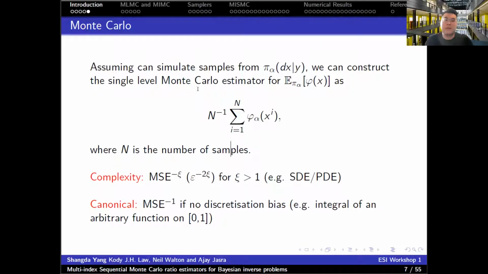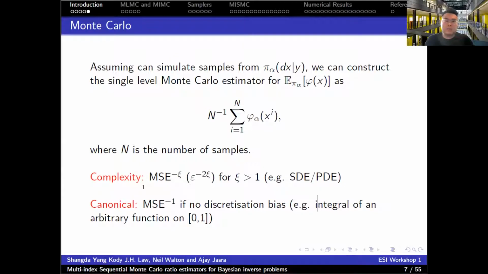So the complexity under our context is MSE to the power of minus psi, which is equivalent to epsilon to the -2 psi, for psi greater than 1. This is because we have discretization bias, for example, when we're dealing with problems related to SDEs and PDEs, we have this kind of complexity.